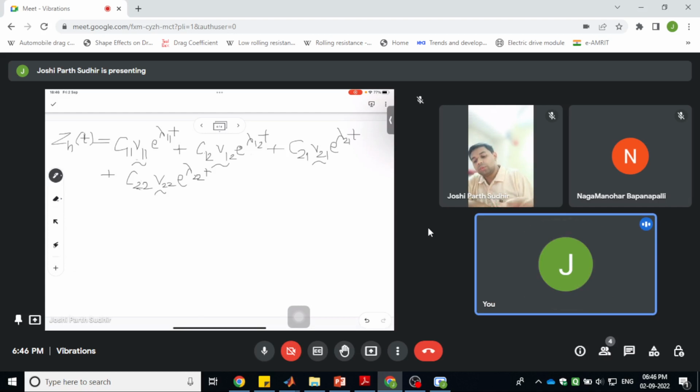First we will see how to find the values of v11, v12, v21 and v22. They are basically like mode shapes corresponding to the eigenvalues lambda 11, lambda 12, lambda 21 and lambda 22. So we write down the characteristic equation here again.